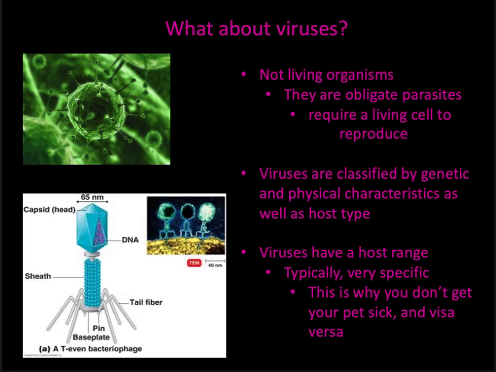The reason these are so scary is because this is not how it usually works. When you get a virus that can go from animals to people, you have a much more difficult case of trying to contain it, but you also have something that's just different than what you're used to working with. And so there's always that danger that it could be more deadly or more difficult to treat, right?